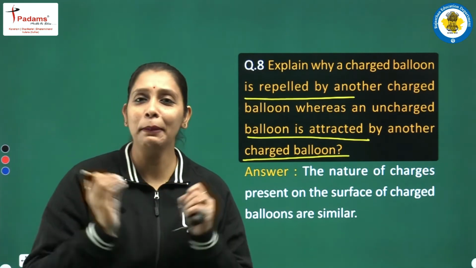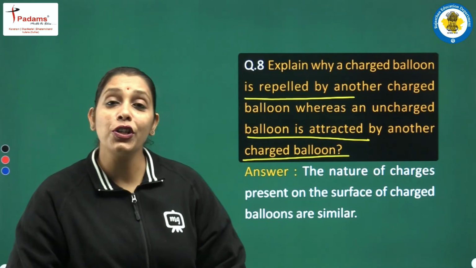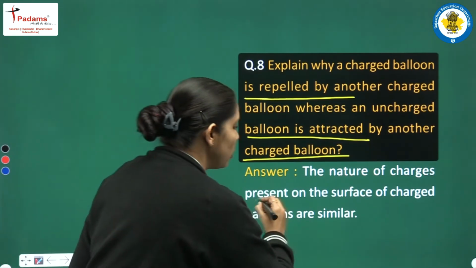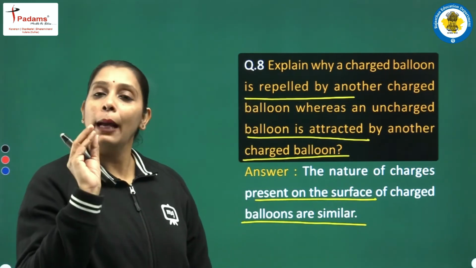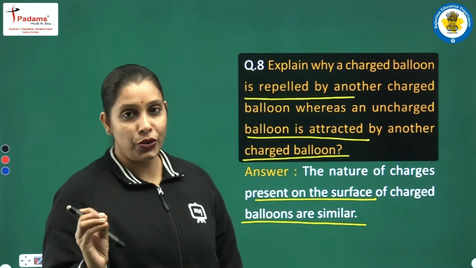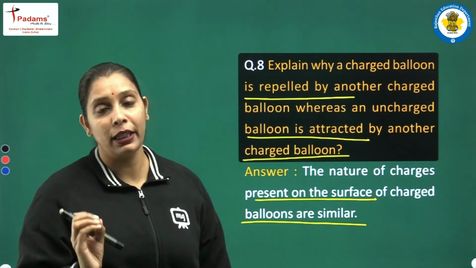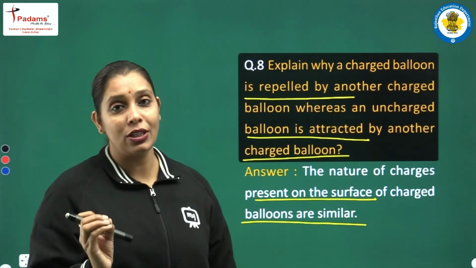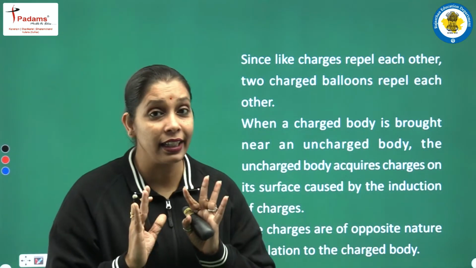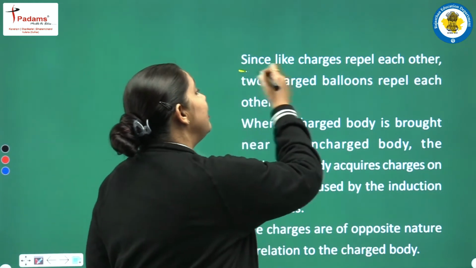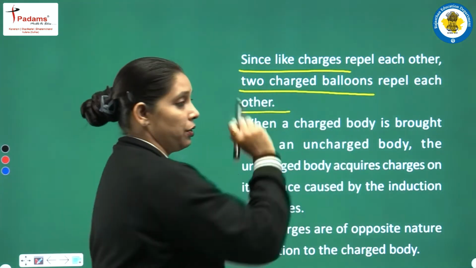It is very simple. Clear? Okay. Look class, the nature of the charges present on the surface of the charged balloons is similar. Did you understand? You have two balloons, both are charged, and the charges on both are exactly the same. And we know that same charges repel each other, they do not attract. Clear? Since like charges repel each other, two charged balloons repel each other.